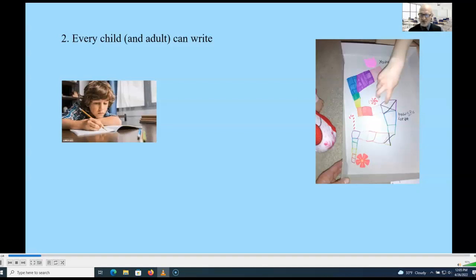We start with that position, not of deficit. We need to teach them skills before they can write, but with the assumption of proficiency, that they can write. And notice the difference in mindset. Oh, you can't write, I need to teach you these skills. Or, you can write, let's celebrate the idea. Let's teach you the skills as you are ready for them.